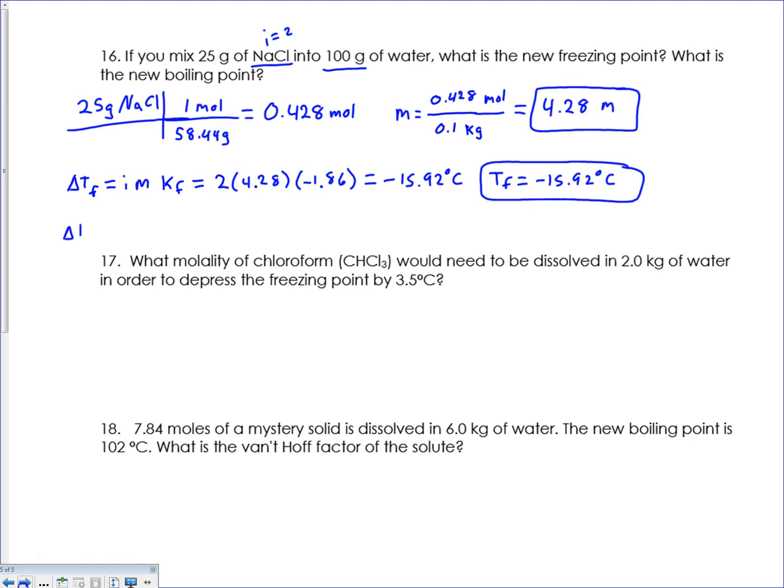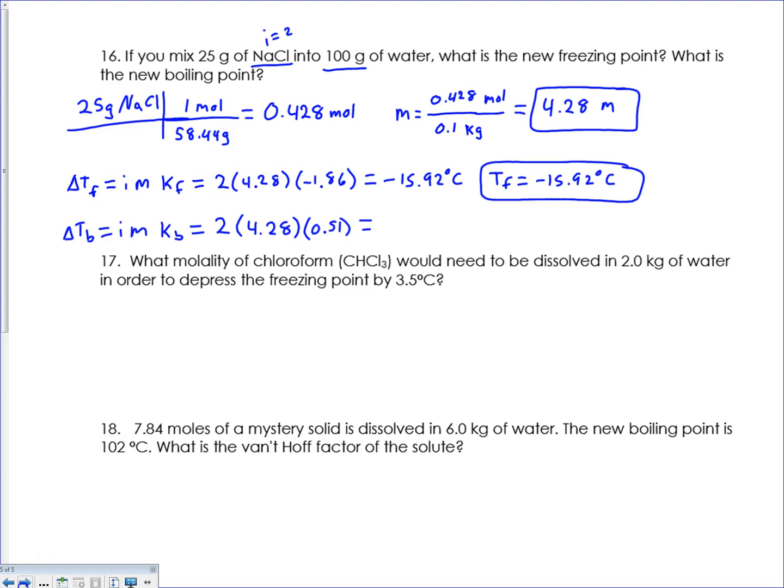So change in boiling temperature equals i times m times Kb. Van't Hoff factor is still 2. Molality is still 4.28. All right, the Kb, the boiling point constant, is 0.51.